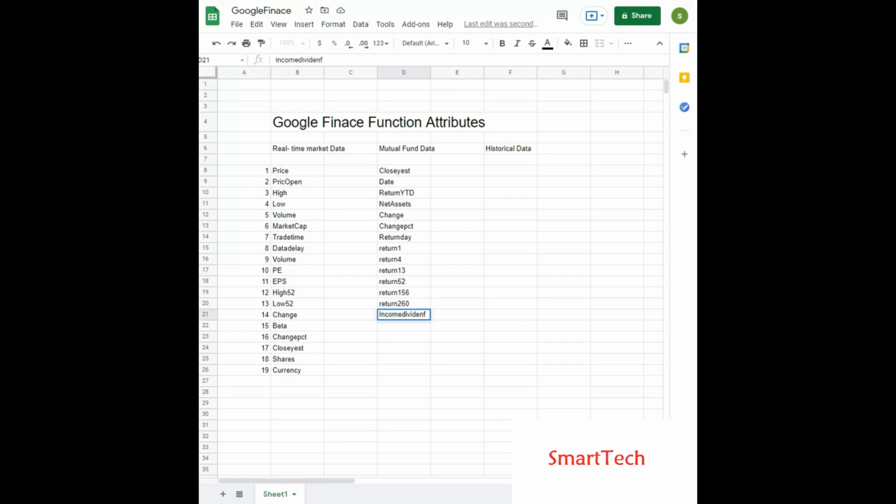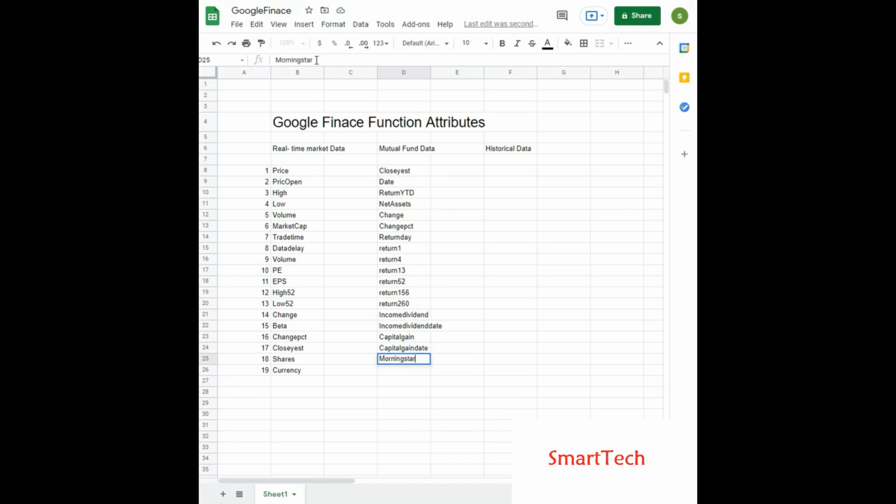The next one is capital gain, the amount of the most recent capital gain distribution from the fund. The next one is capital gain date, the date of the above. The next one is morning star rating, the Morningstar rating.